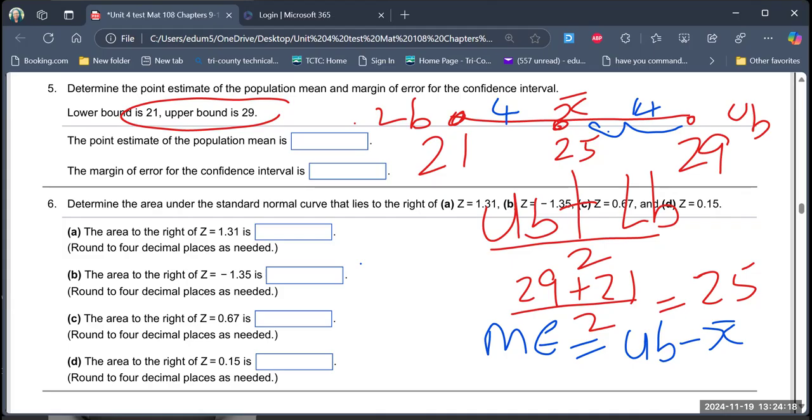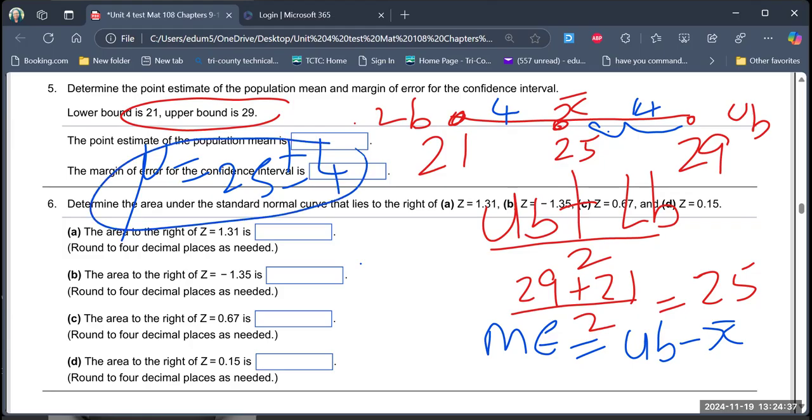All right, so if you want to actually state the hypothesis here, under the confidence interval given to you, the mean of the population is equal to X bar, which is 25, plus or minus the margin of error.